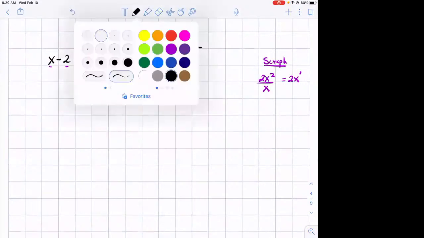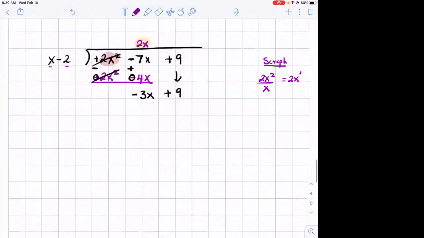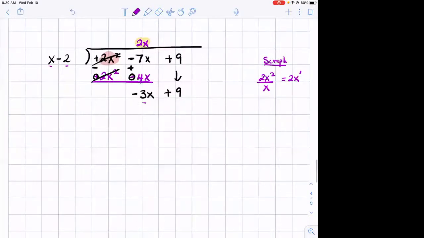So we go back to our scrap work and divide the first term by the first term. What is minus 3x divided by x? The x's cancel out, which leaves me with minus 3. So we take our minus 3 and we write it over the plus 9.